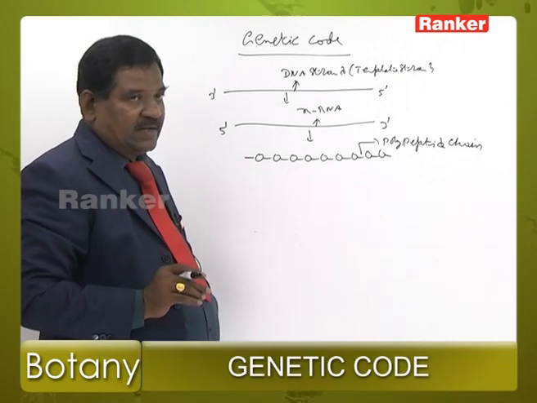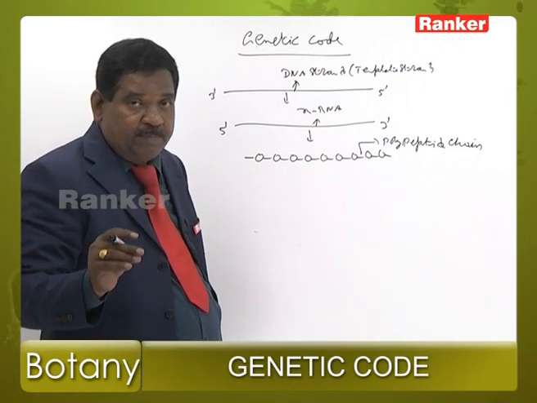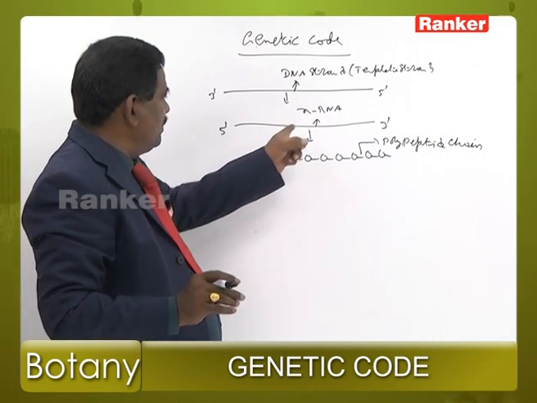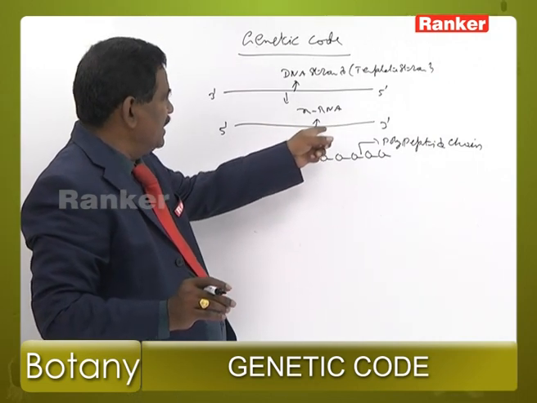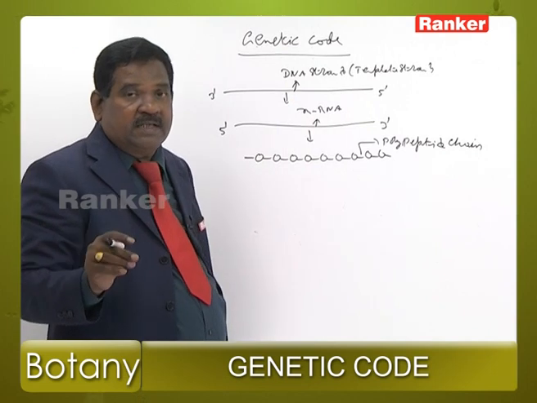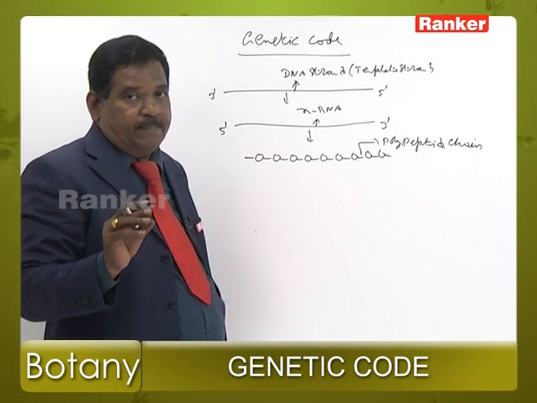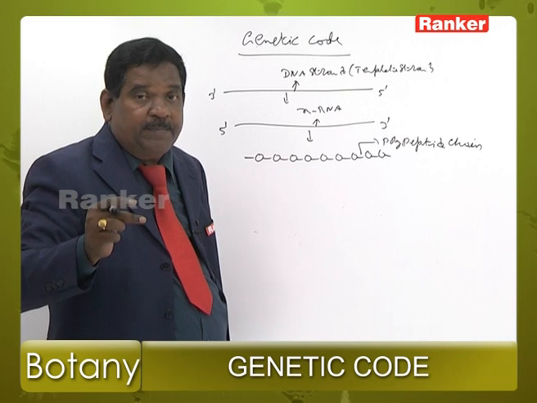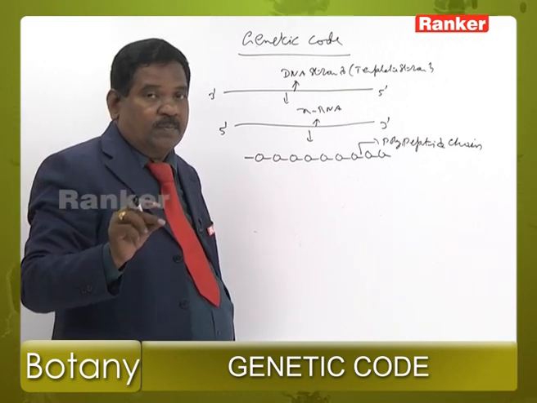Amino acid sequence in a polypeptide chain depends on the nitrogen base sequence present on the mRNA or the nitrogen base sequence present on the DNA. This relationship is called genetic code.